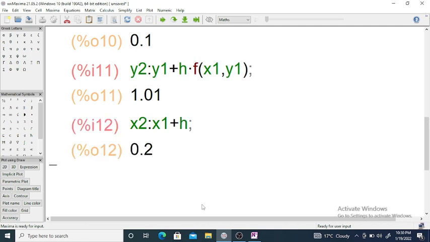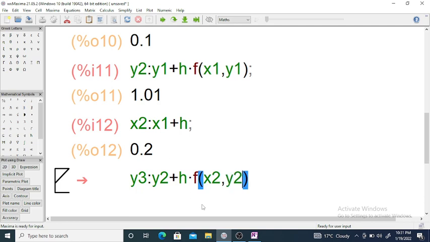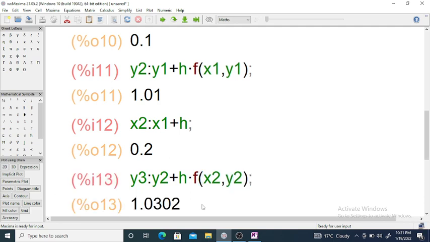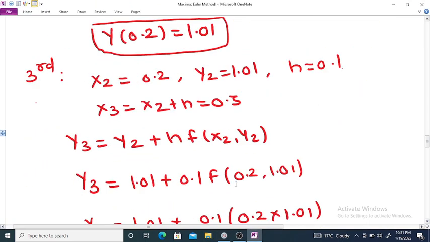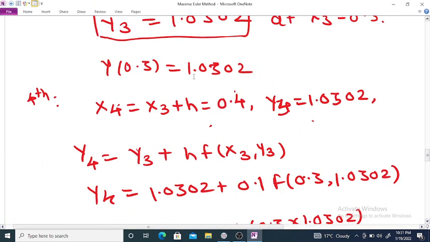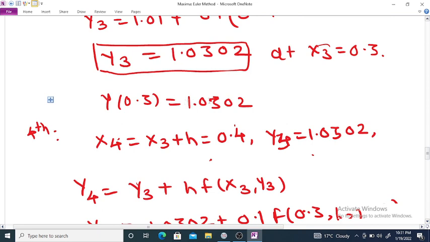So x2 is 0.2, and y3 is equal to y2 plus h into f of x2, y2. If we press enter, you can see 1.0302. You can check here, this is y3, which is 1.0302.